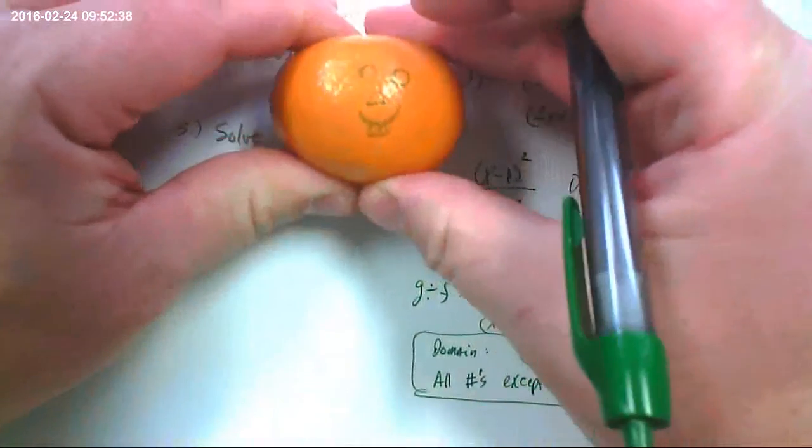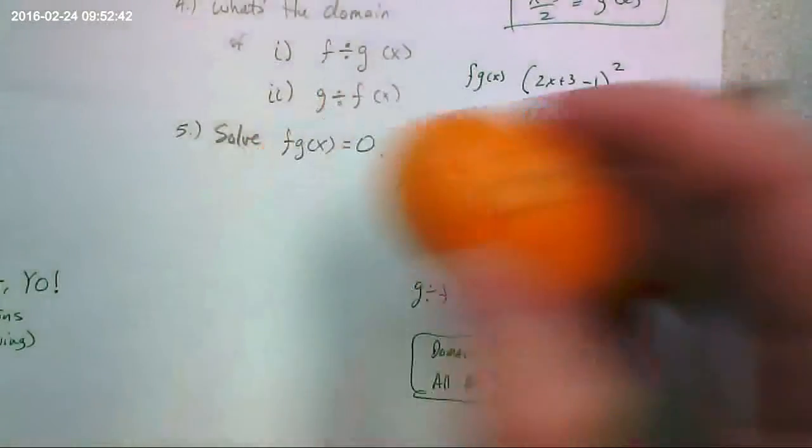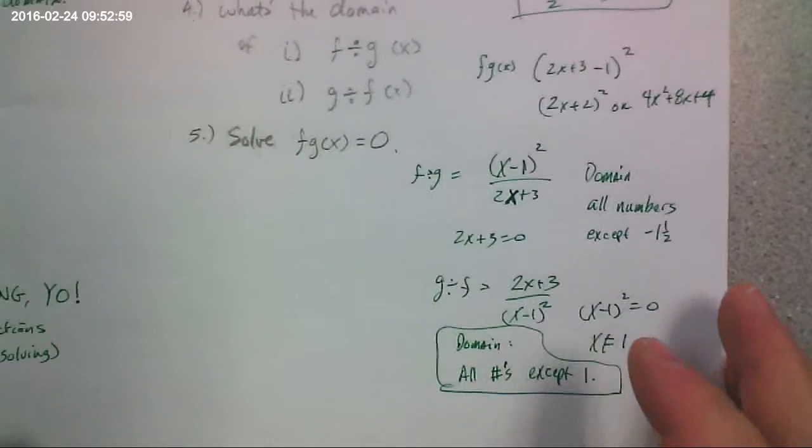Where's her hair? Oh, she's bald. She has cancer. Why are you guys laughing? Because she's got cancer. Damn. Why is it funny? I don't know. Oh, because it's not true.